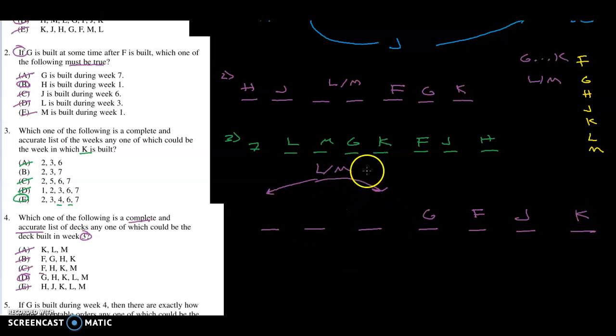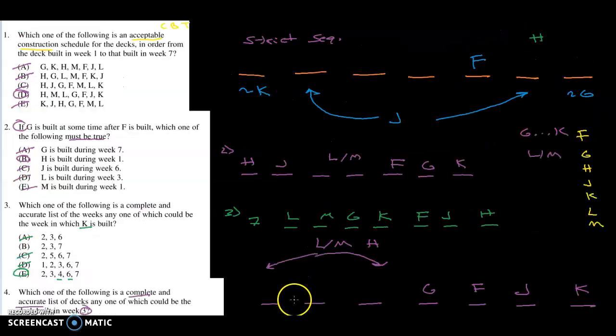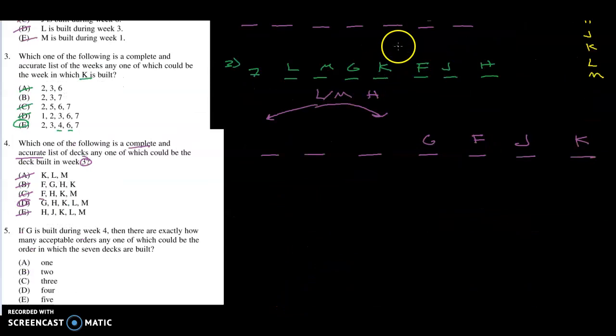And then what's left to play with is L, M, and H in these 3 spaces. Well, how many different ways could I combine them? Let me do this for a second. I'm just going to look at these 3. I'm ignoring the rest of this. So it's 1, 2, 3. I could do either L or M here, or L or M there, and then H, or I could do something like this.